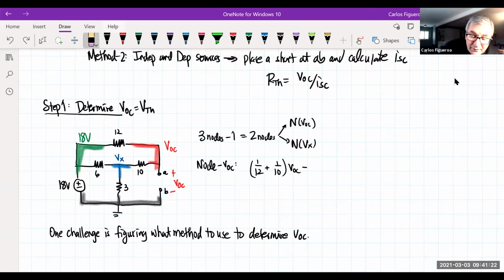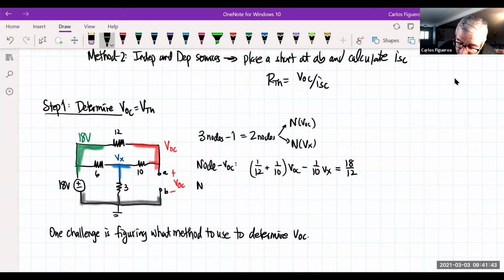So then I'm going to get 1/10 with Vx, and I have the 18 with the 12. Now note, I'm going to get minus 18. So when I bring it to the other side, I'm then going to get 18 over 12.